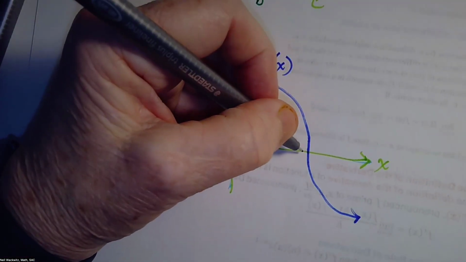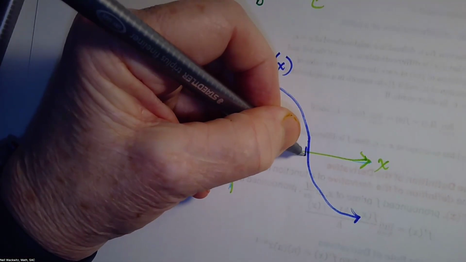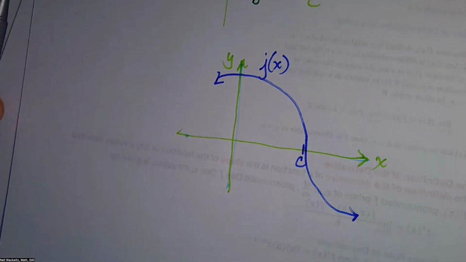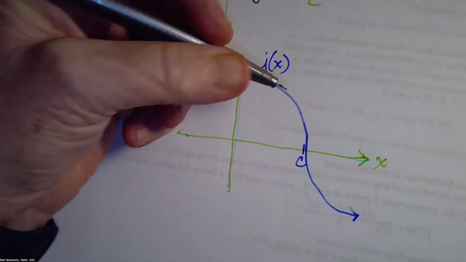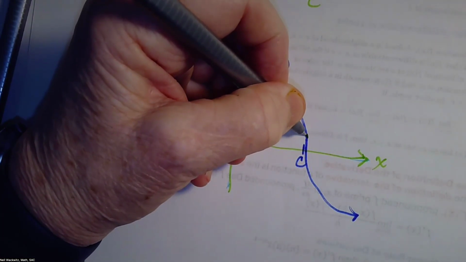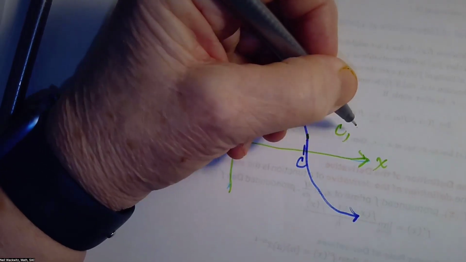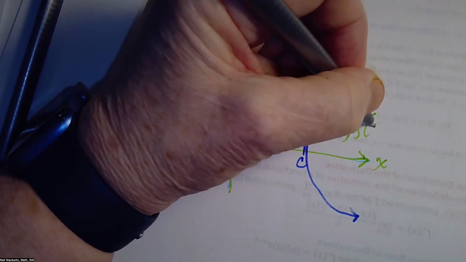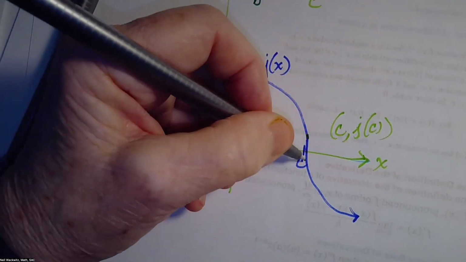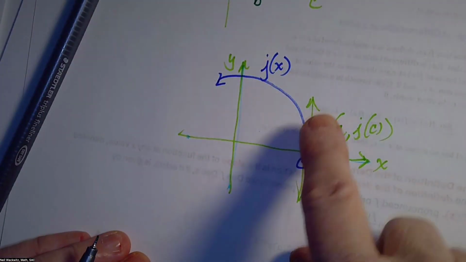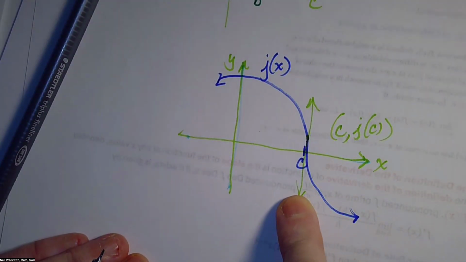And let's say that this is our value of c. Right here at c, j of c, the tangent line is vertical.